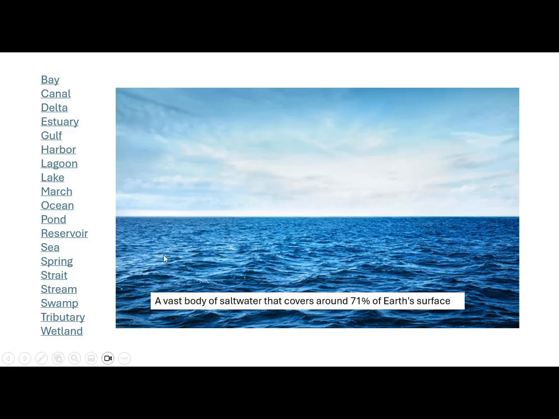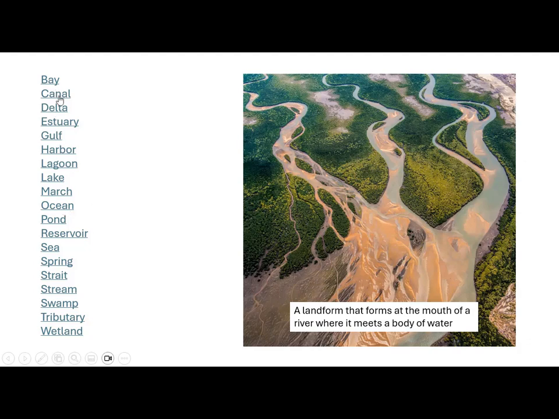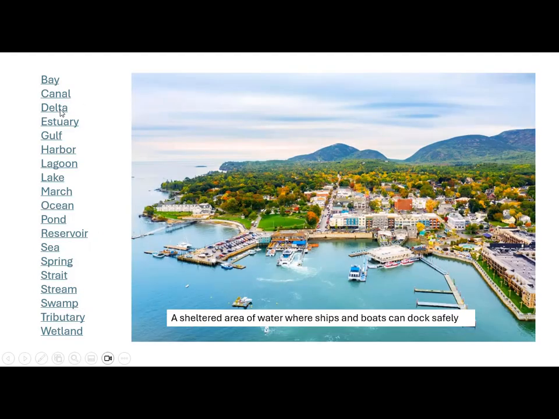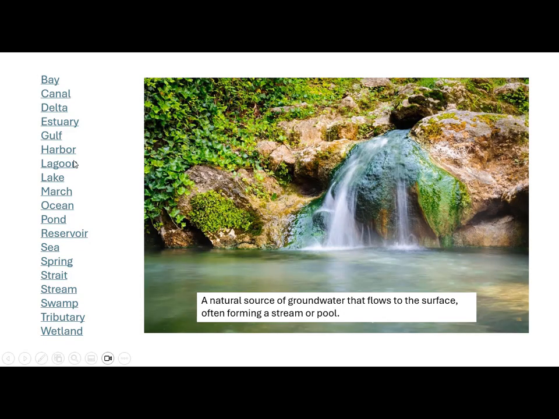Here is maybe an easy one, a vast body of water that covers around 71%. This is, of course, ocean, and this is delta. This is harbor. And this is a natural source of groundwater that flows to the surface.